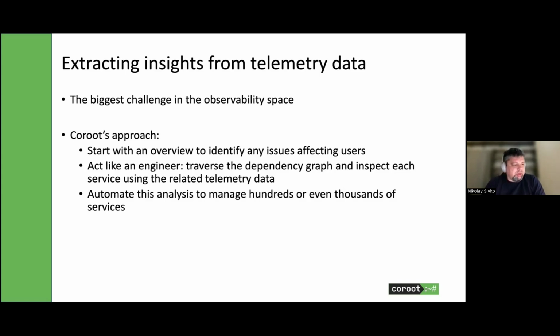Our approach here is that we always start looking at our system from an overview, from the big picture, and then if we have some anomalies or errors, we can drill down into our applications, traverse the dependency graph, and understand that at the end we can identify the affected service and understand why it performs in a different way, like why it serves errors or has increased response time.